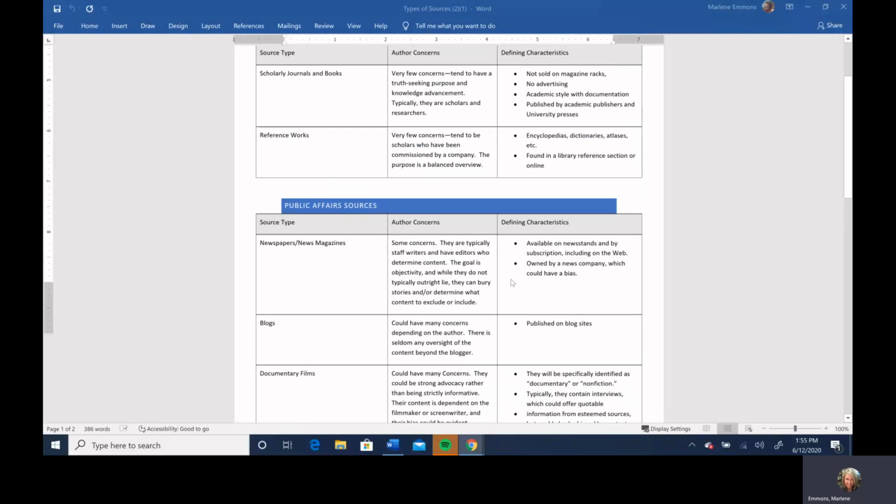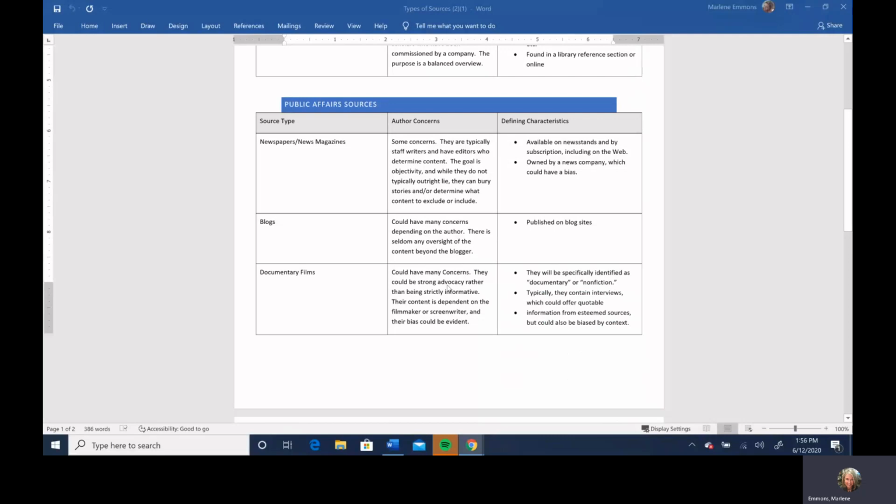But they also come with some issues in potentially a bias, where they bury stories or positions that don't agree with the prevailing goals of that particular organization.